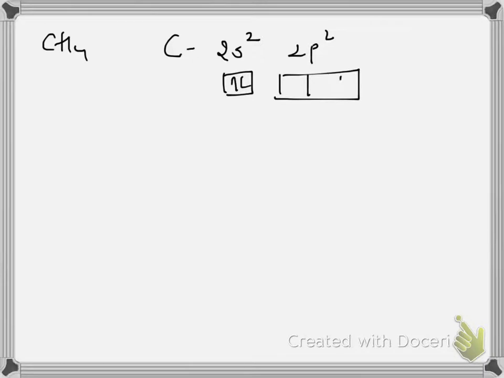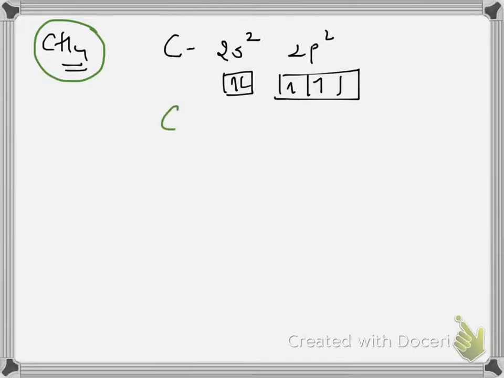For methane, the central atom is carbon. Configuration in valence shell is 2s2 2p2. Here we have only 2 half-filled orbitals. But from this formula, it is very clear that we need to have 4 orbitals half filled.